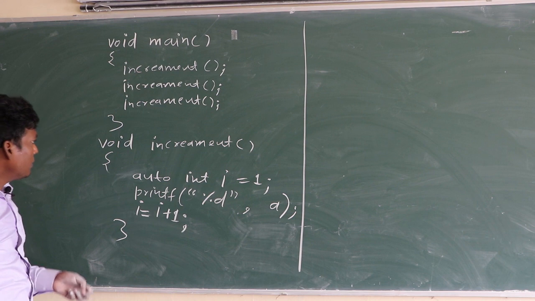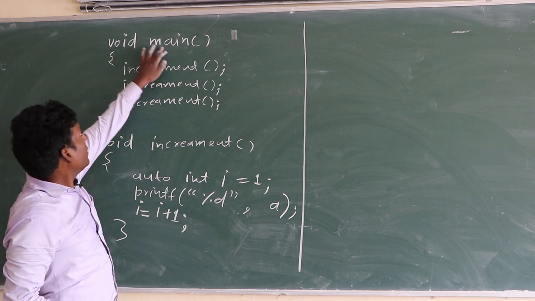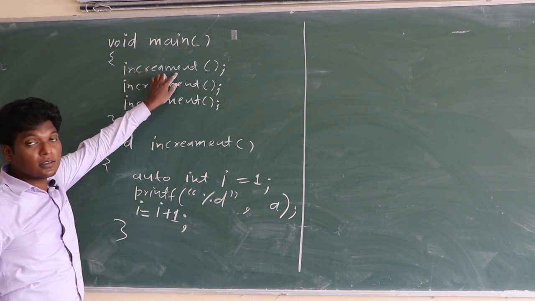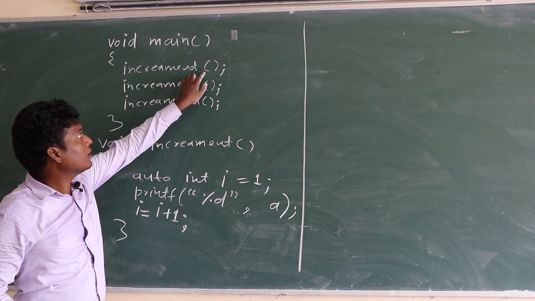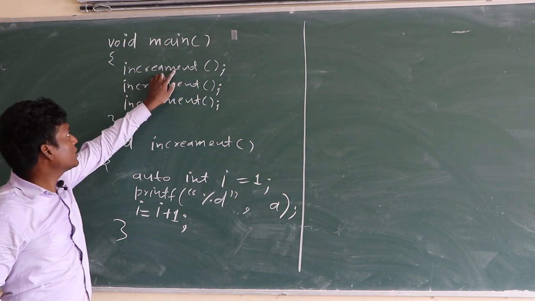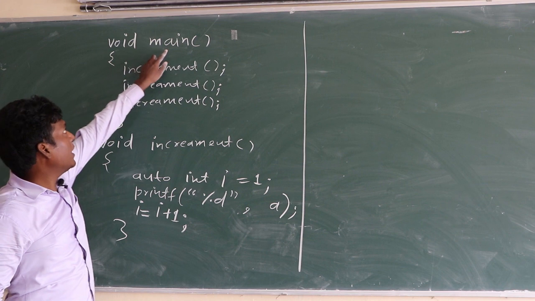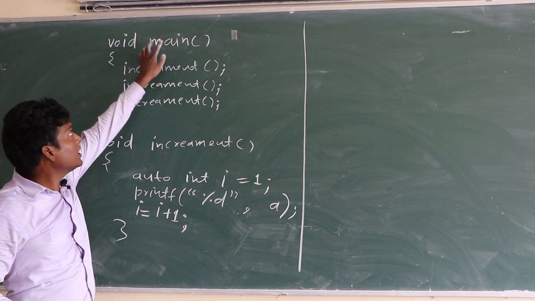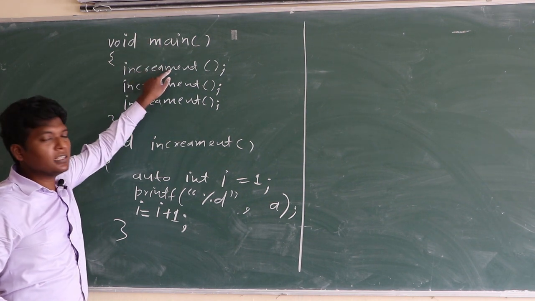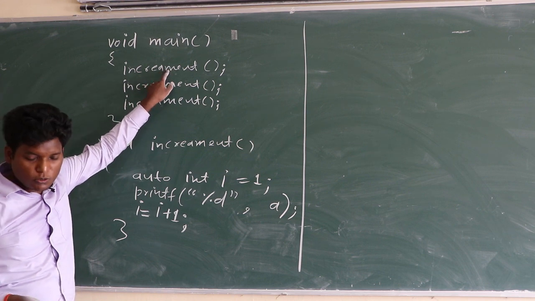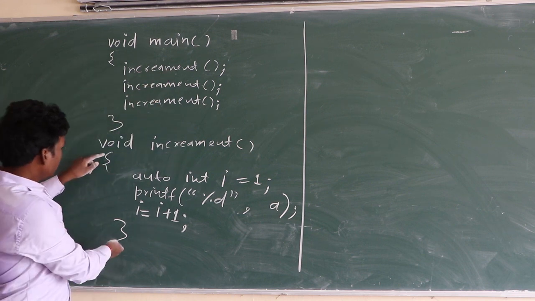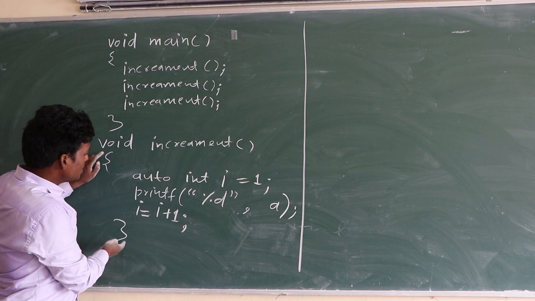Class, here we may see void main, increment is a function because there is a small bracket, parenthesis. So this is a function, this is a function, this is a function. Main is itself a function. Main is user defined. This increment function is also user defined because we have defined the increment function here.